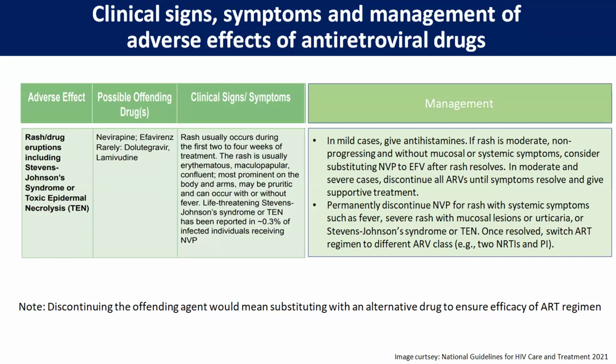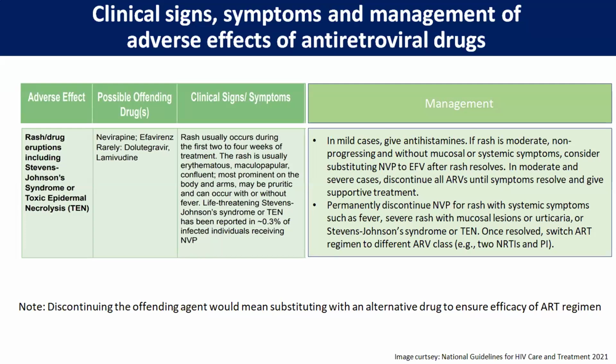Sometimes it may extend up to Stevens-Johnson syndrome, or when it involves more than 30% of the body surface area, we will call it toxic epidermal necrolysis. So how will we manage? Immediately stop all offending agents.